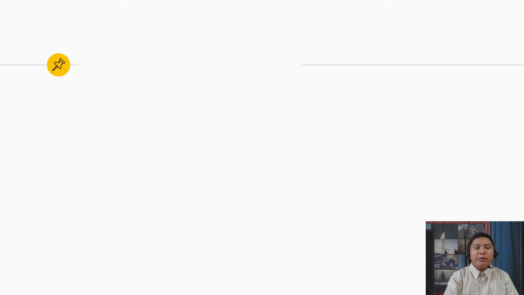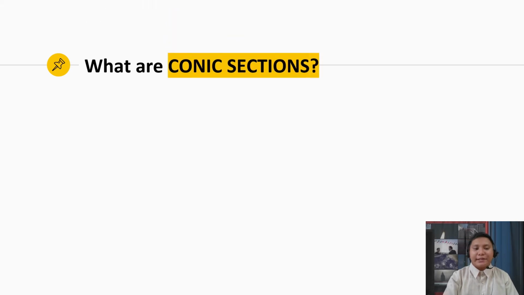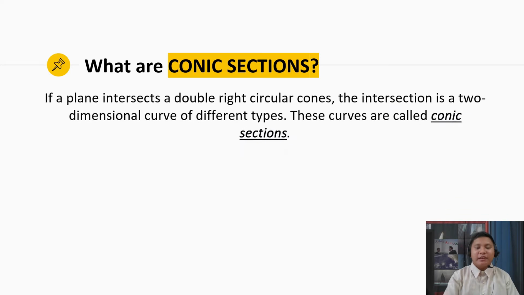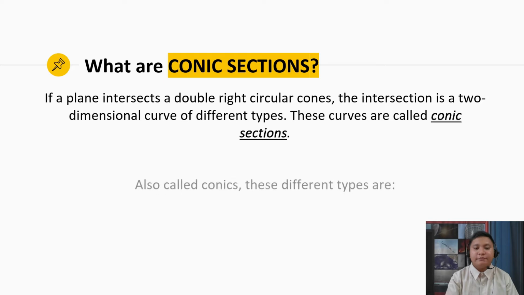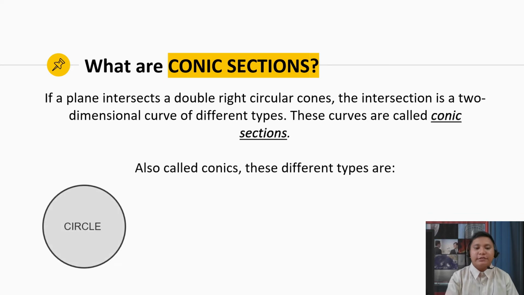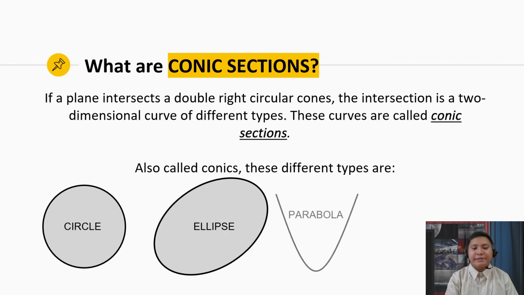Okay, as a review, what are conic sections again? If a plane intersects a double right circular cone, the intersection is a two-dimensional curve of different types. These are called conic sections. So we know that there are four different types of conic sections: the circle, ellipse, parabola, and the hyperbola.